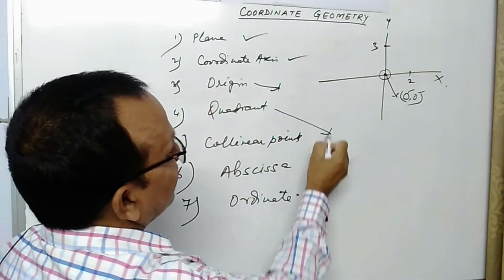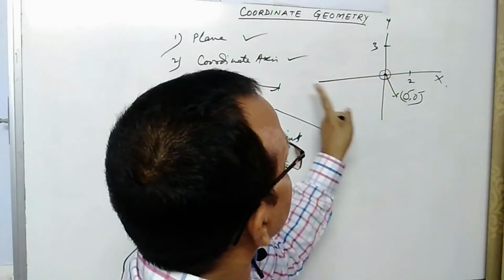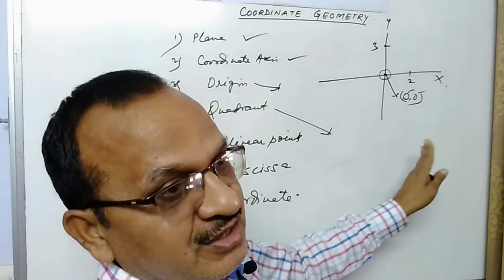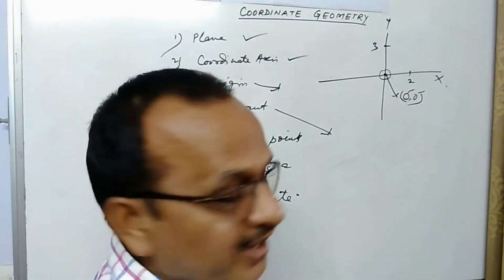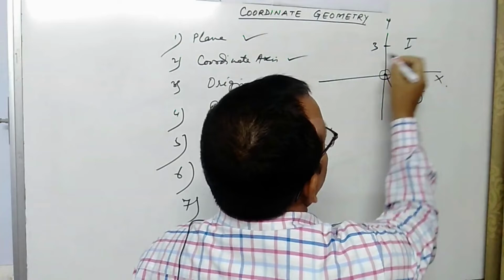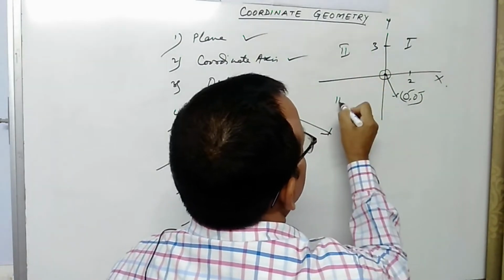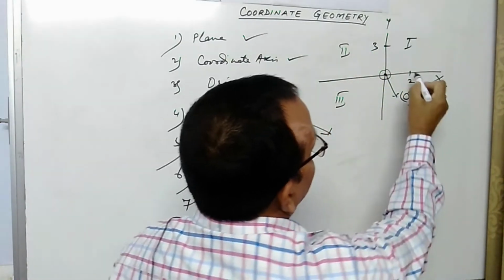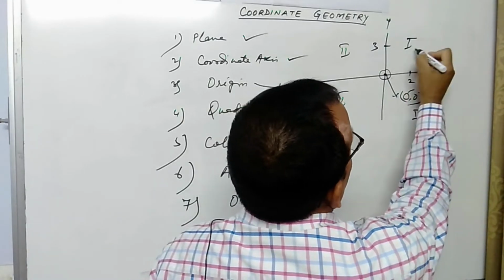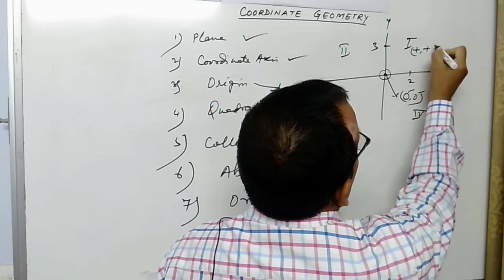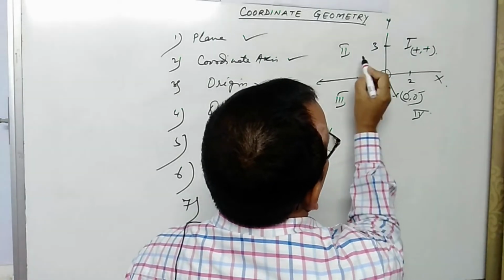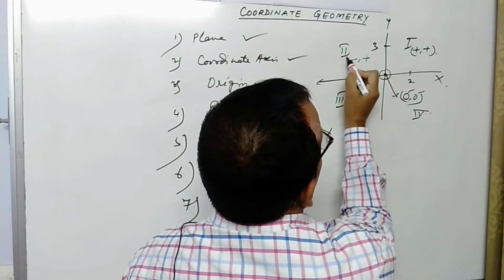Next is quadrant. The two axes divide the plane into 4 parts, and each part is called a quadrant. This is the first quadrant, this is the second quadrant, this is the third quadrant, and this is the fourth quadrant. In the first quadrant, the values of x and y are both positive. In the second quadrant, x is negative and y is positive.